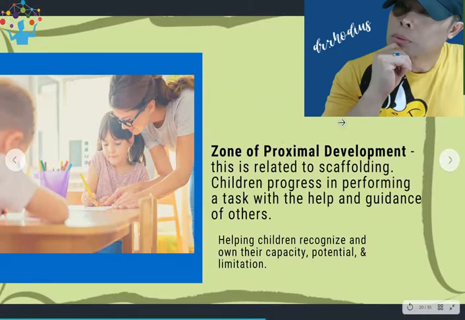And very similar to the scaffolding is the concept of zone of proximal development. As mentioned, this is very much related to scaffolding. Children progress in performing a task with the help and guidance of others. So the children are guided by parents or by teachers or their peers or their friends to accomplish specific things.